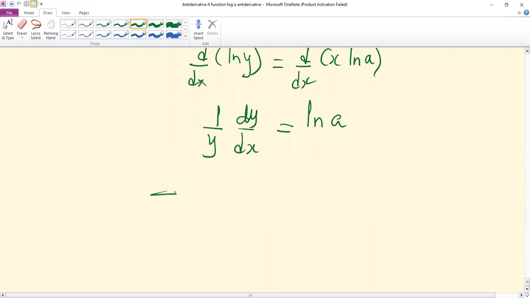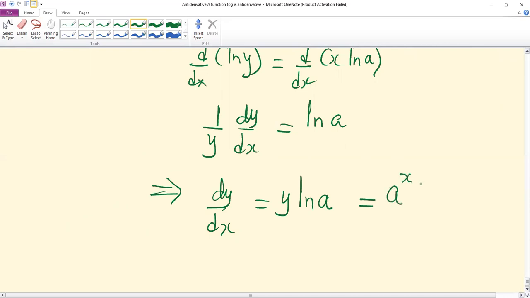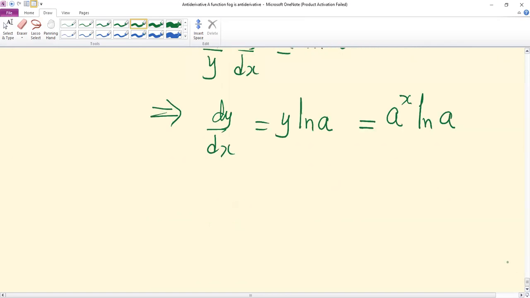And then this means dy dx will be y ln of a, but y is the same as a raised power x, so dy dx is a raised power x ln of a.